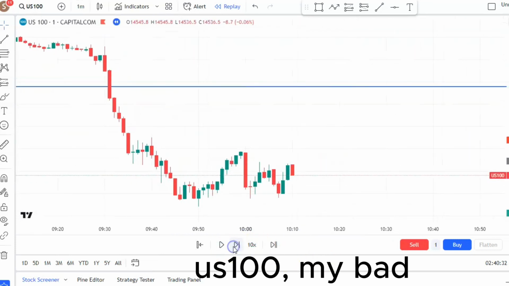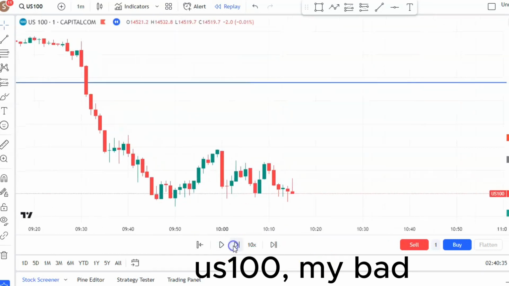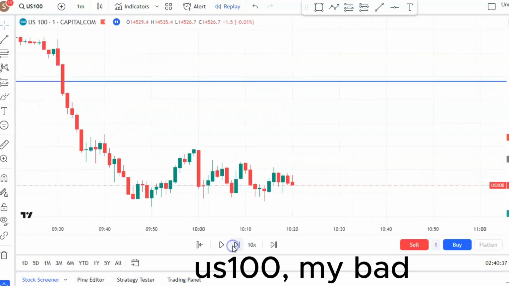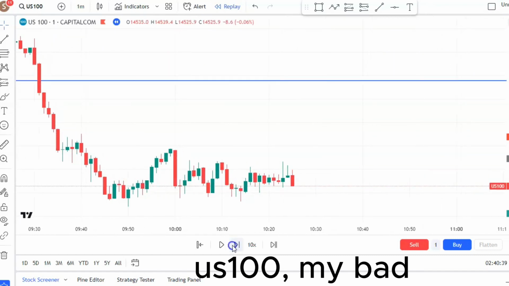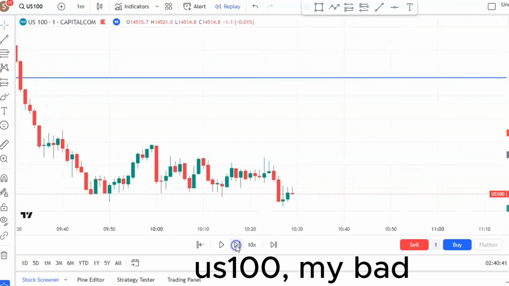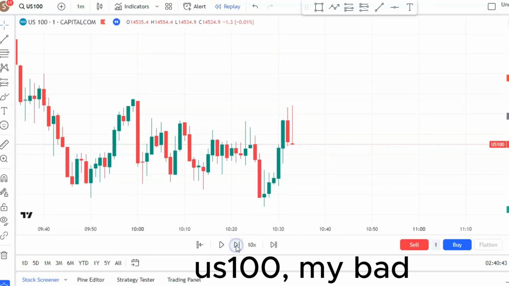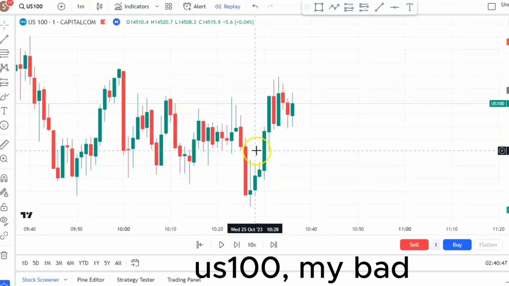So I'm looking for an engulfment candle. But what defines the engulfment candle is at least 3 or more pushes. So a push like this.